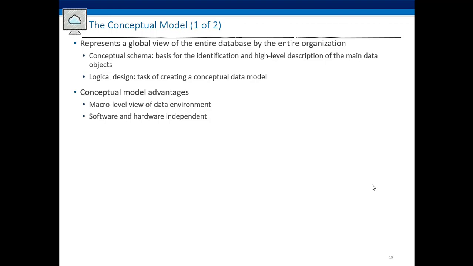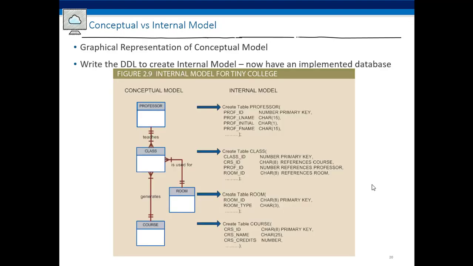We have a conceptual model, and this represents the global view of the entire database by the entire organization. It also could be called the logical design, and the conceptual model being a logical design, it's independent of the software and the hardware. And once we get the conceptual model, we're going to then create the internal model.